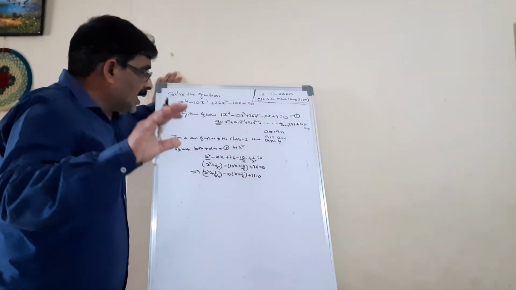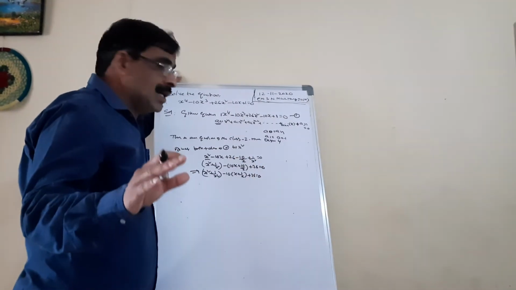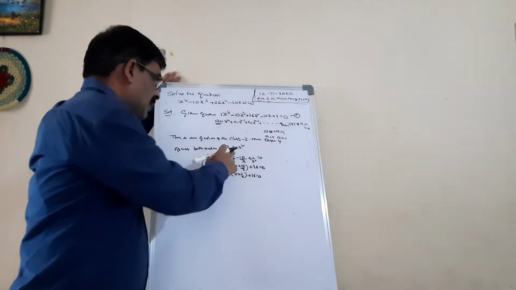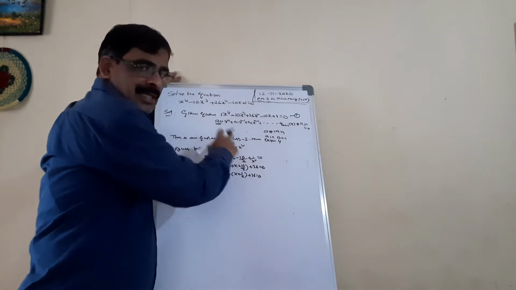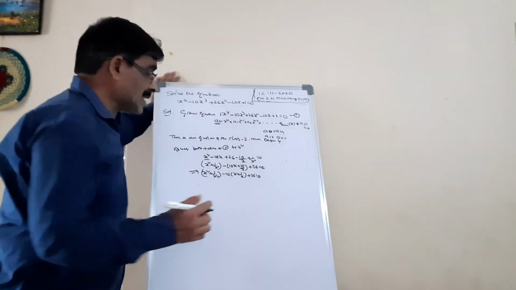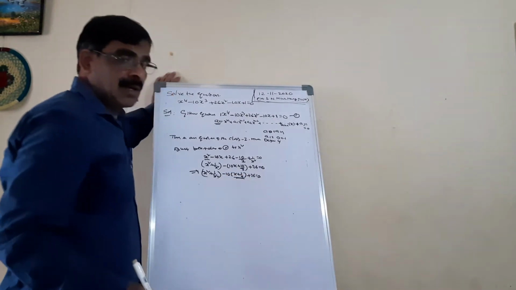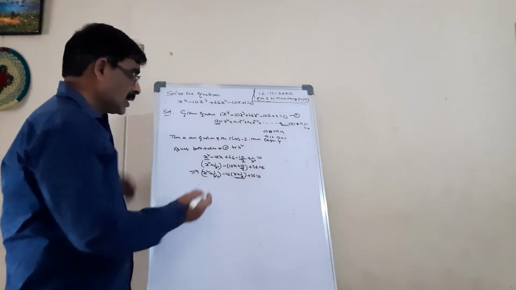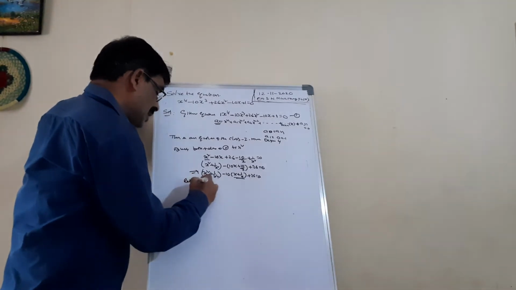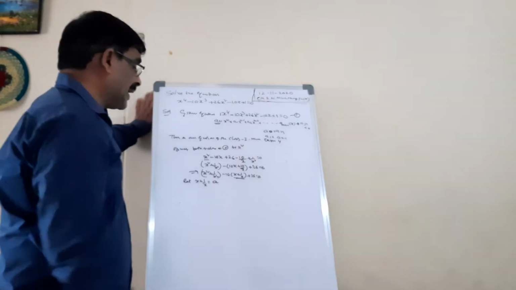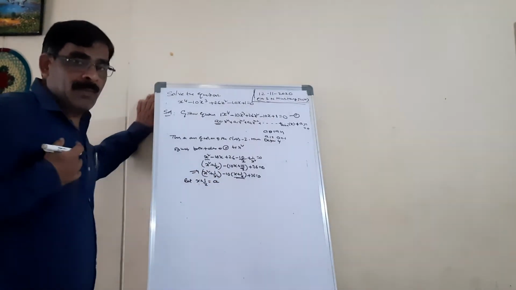In a class 1 equation of even degree, we divide by x square; that is the first step. The second step is to put x plus 1 by x equal to some a. Then what is x square plus 1 by x square?